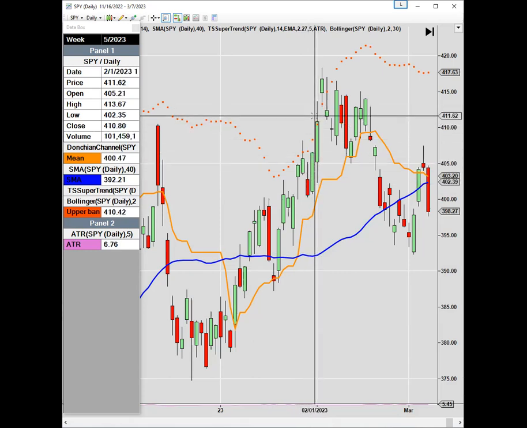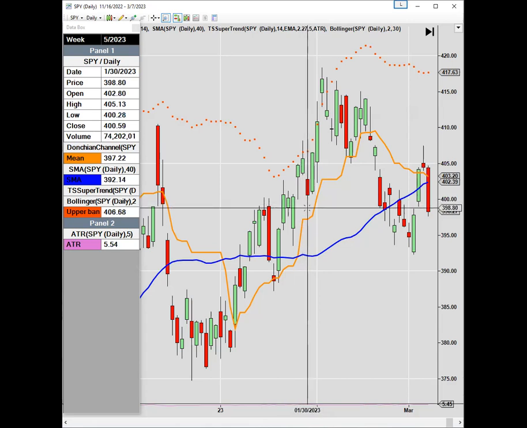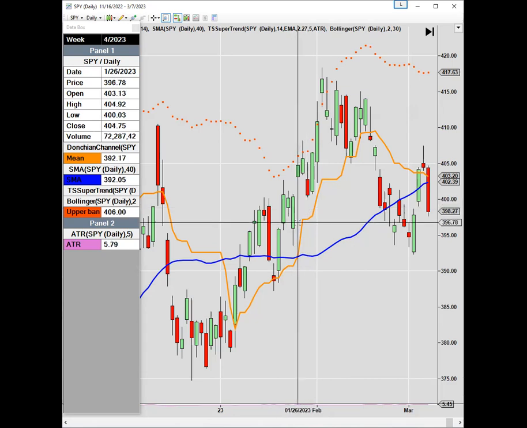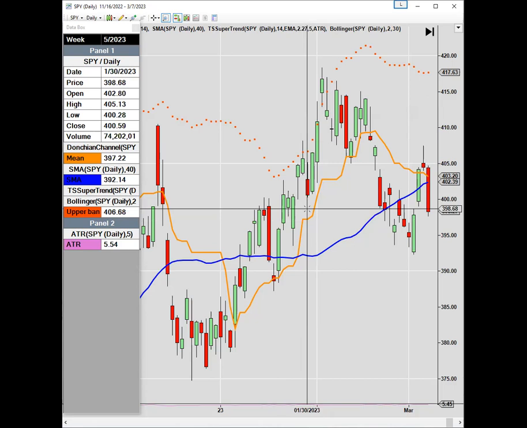That hasn't changed. My first target is still 409.44, except now my profit objective is $8.27 as opposed to $5.79. I added two-something to my profit target, close to $3.